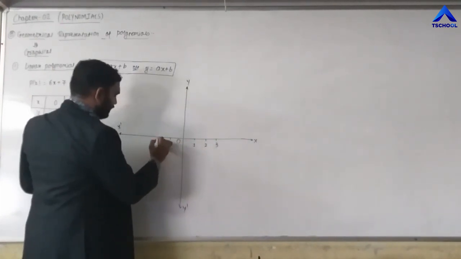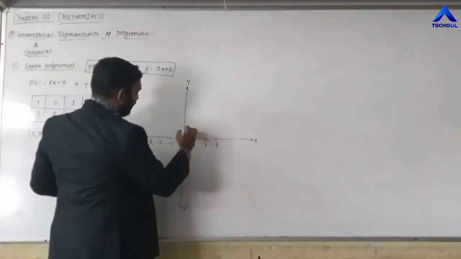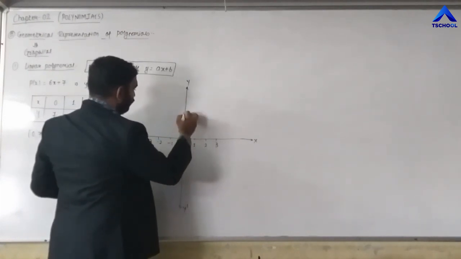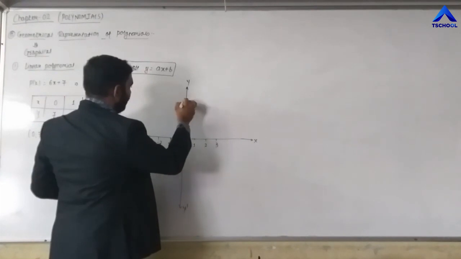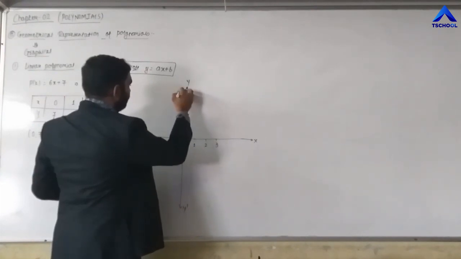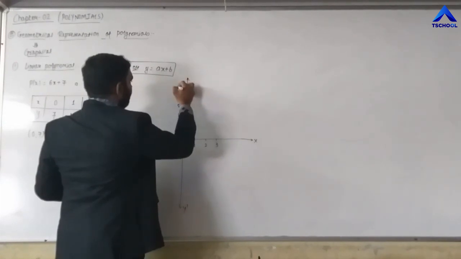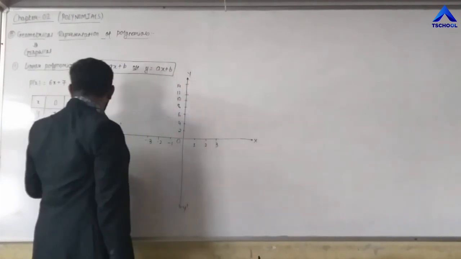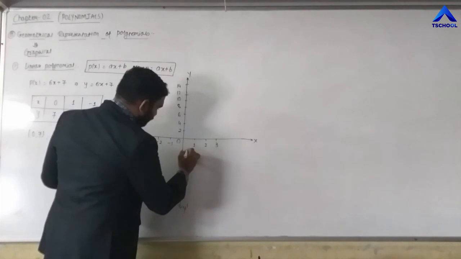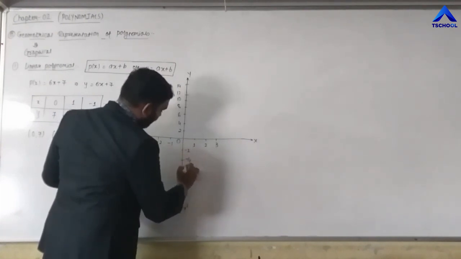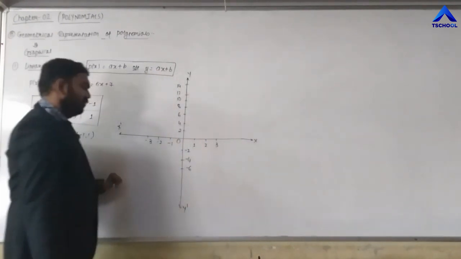On this side minus 1, minus 2. On this side I shall have 2, 4, 6, 8, 10, 12 and 14. On the negative side I shall have minus 2, minus 4, minus 6 and so on.